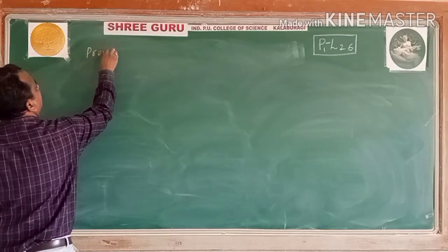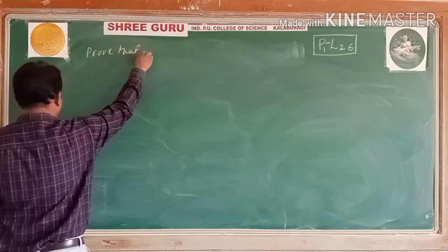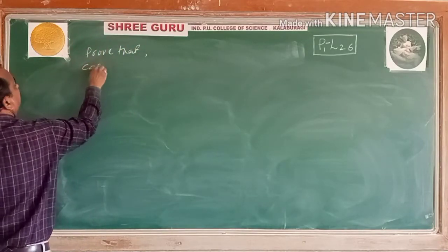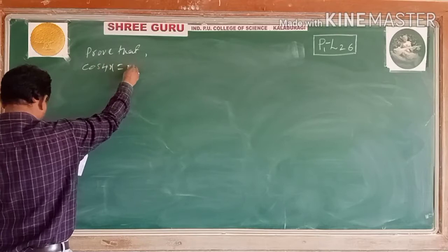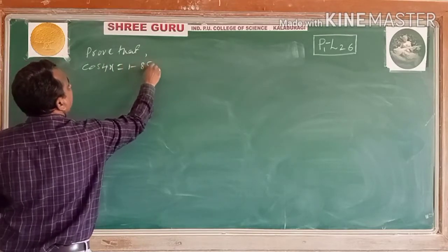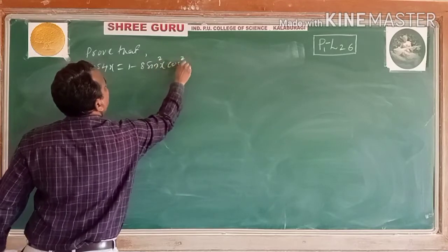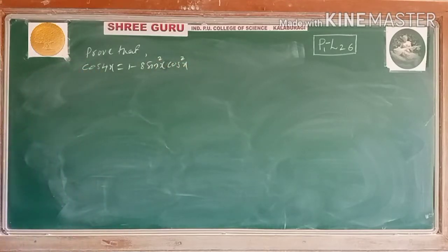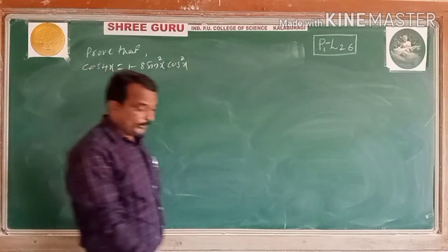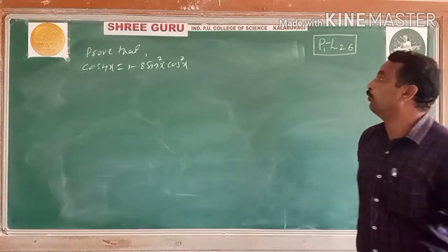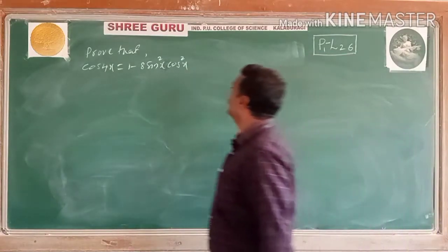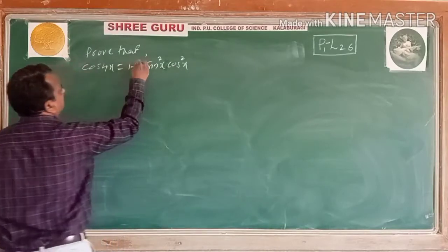Prove that cos 4x is equal to 1 minus 8 times sin square x into cos square x.